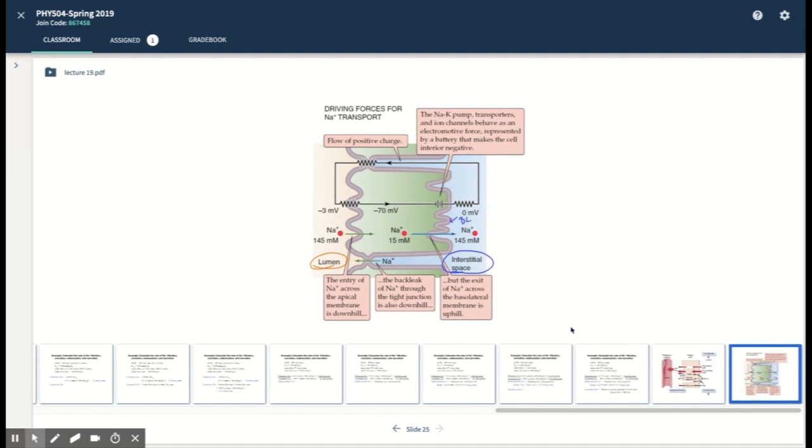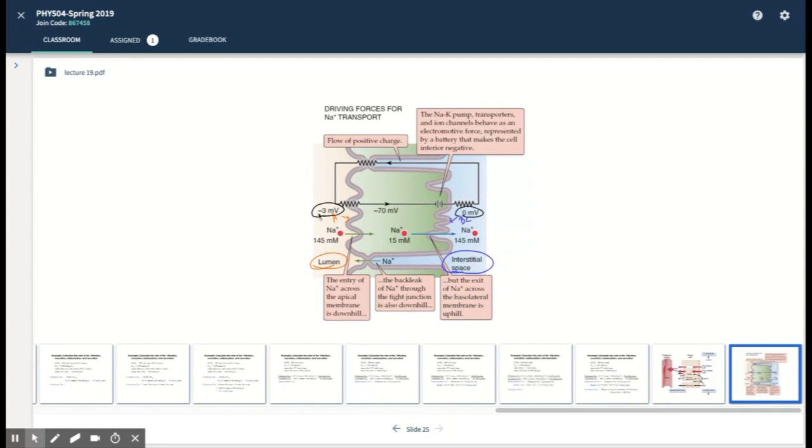And which membrane is this one? Apical. Okay? So at the very beginning of your proximal convoluted tubule, in the very early segments, after filtration occurs, you have a relatively negative millivoltage compared to the interstitial space.